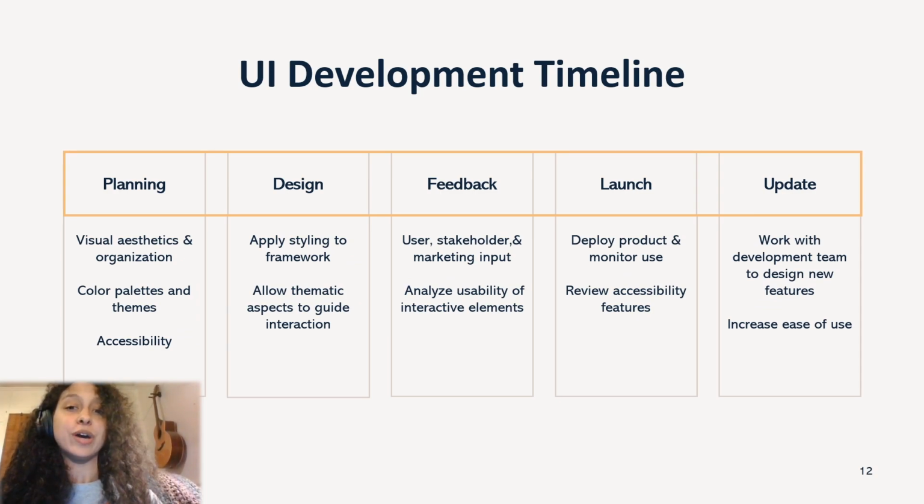If we look at UI development timeline, it looks very similar, except that planning will focus on the visual aesthetics and the organization of the product. We'll consider color palettes and themes, and of course, accessibility. Design will often focus on applying styling to the framework that the UX development team has brought.